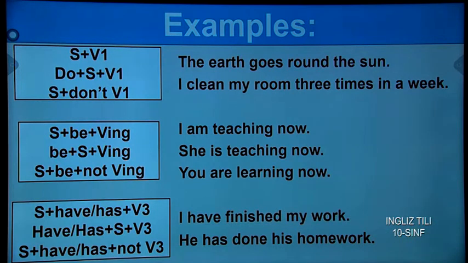For interrogative, as usual, we use auxiliary verb before subject, like: have you finished your work, or has he done his homework? In negative one, subject plus have, has plus not, and verb 3. I haven't finished my work. It means I'm not free now. And he hasn't done his homework.